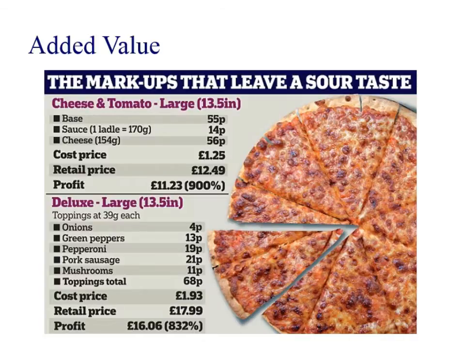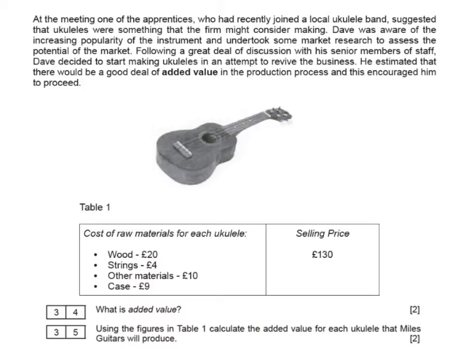But here's a past paper question. What is added value? So you just need the definition there: the value of the output minus the value of the inputs. And then calculate the added value for each ukulele that Miles Guitars will produce. Nice picture of a ukulele there, in case you didn't know what it is.